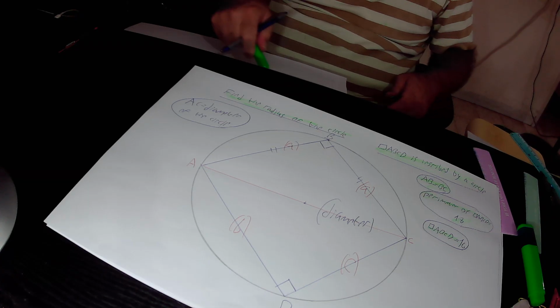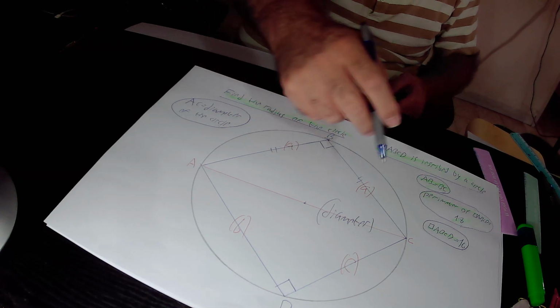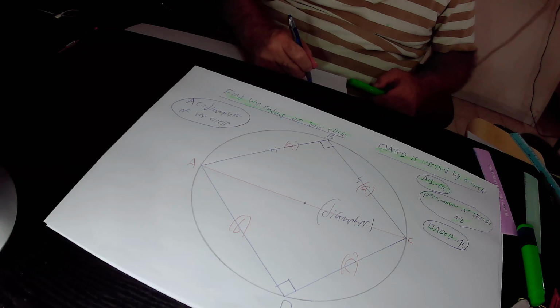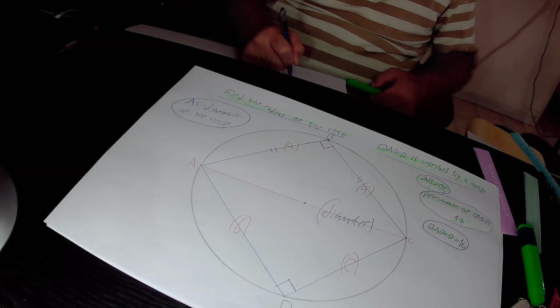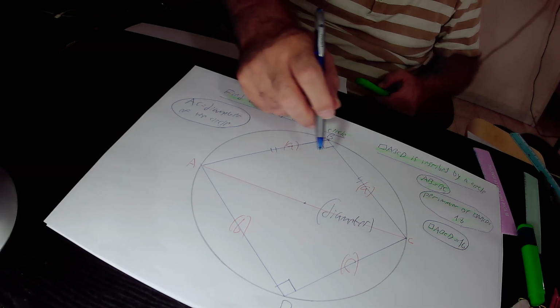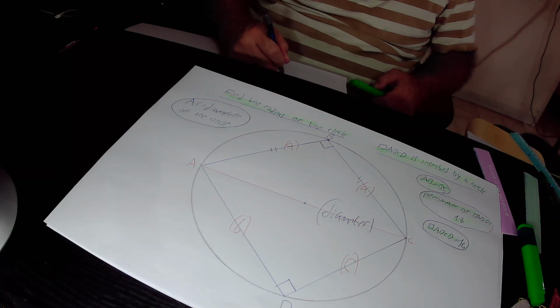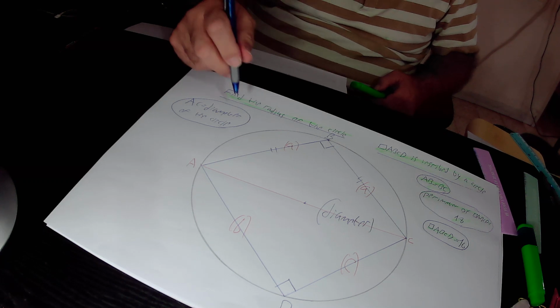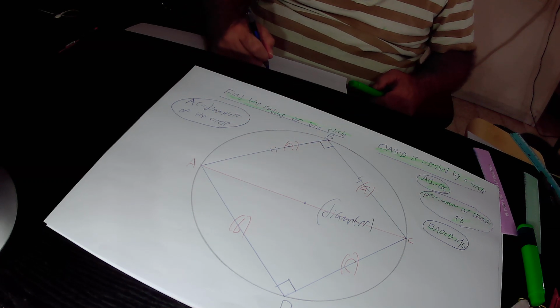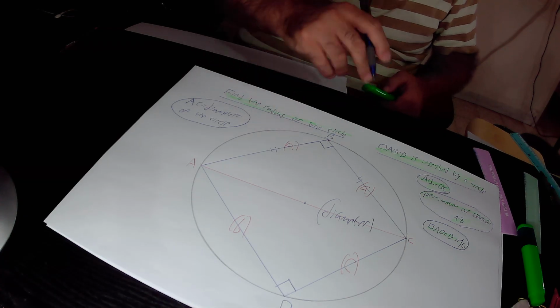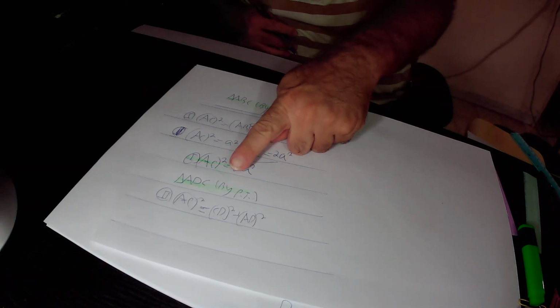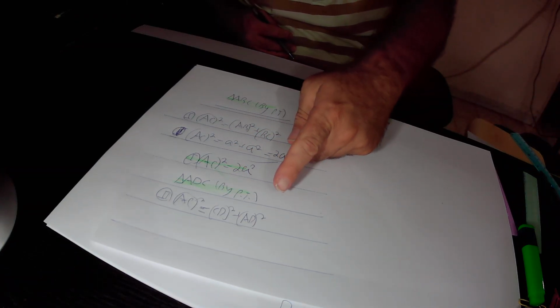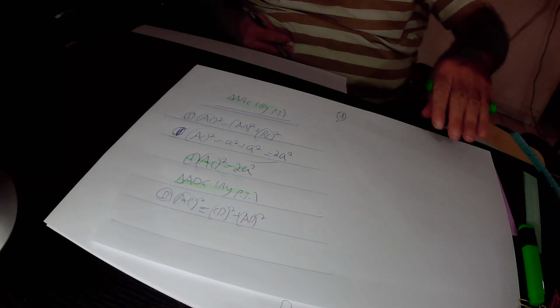According to the Pythagoras theorem, in this right triangle ADC, AC squared, that is the square of the hypotenuse, equals CD squared plus AD squared.